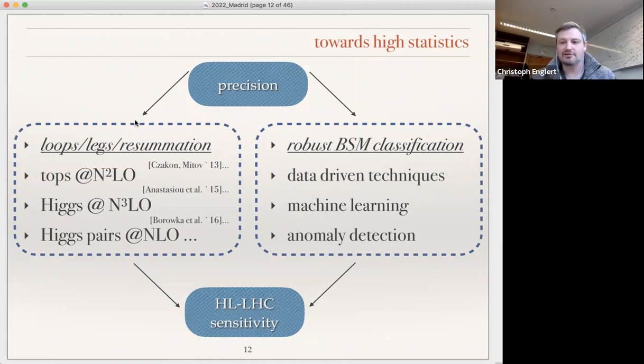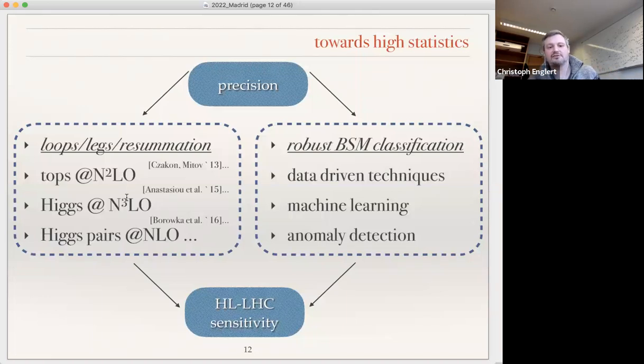On the one hand, there is a very classical, and to some degree also very German, attitude towards treating problems related to precision: using loop calculations, multi-leg calculations, and various ways of resumming. And that has given us quite a little bit of sensitivity reach. So top quark pair production is now known at N^2LO.